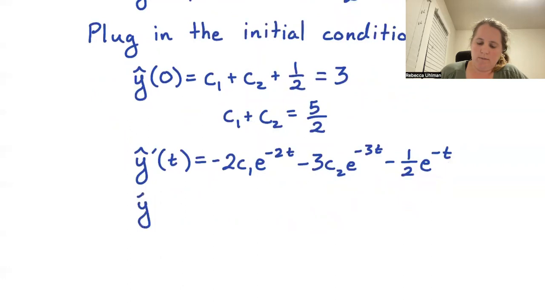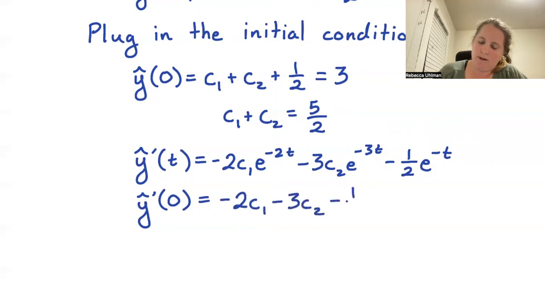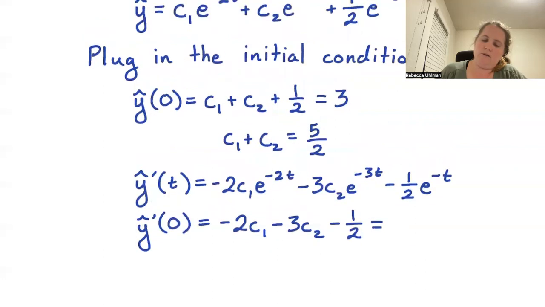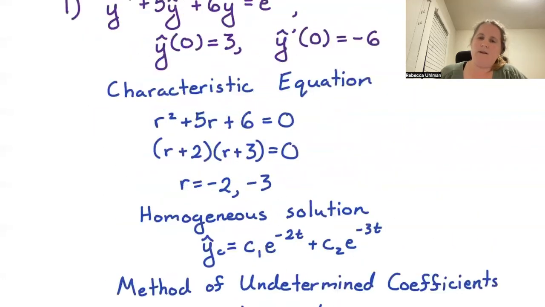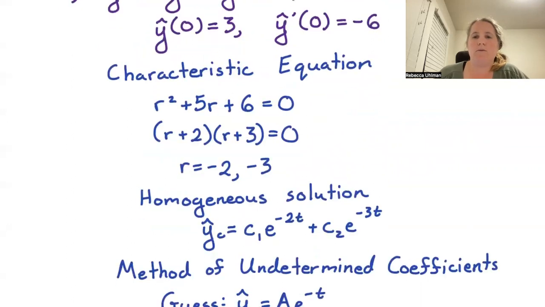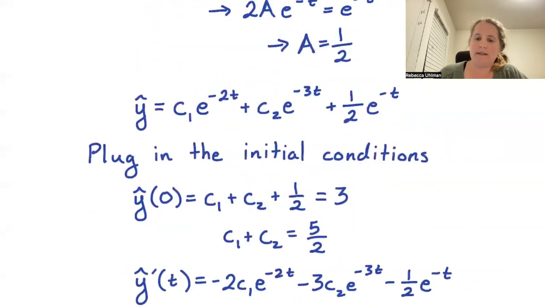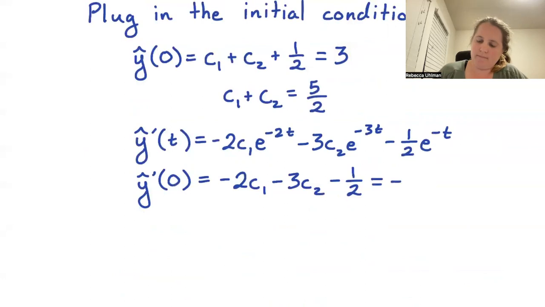Plugging in 0, we have negative 2c1 minus 3c2 minus 1/2, and that should be equal to our second initial condition, that derivative was equal to negative 6, or negative 2c1 minus 3c2 is equal to negative 5/2.